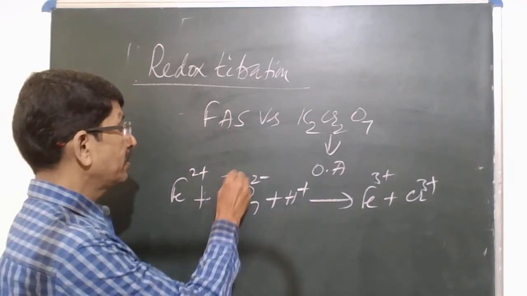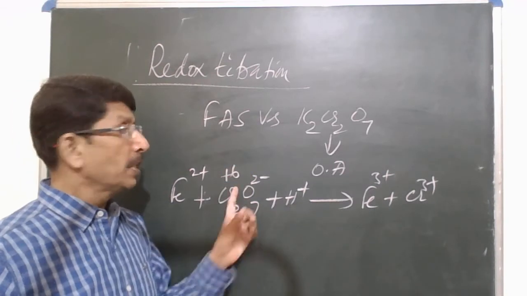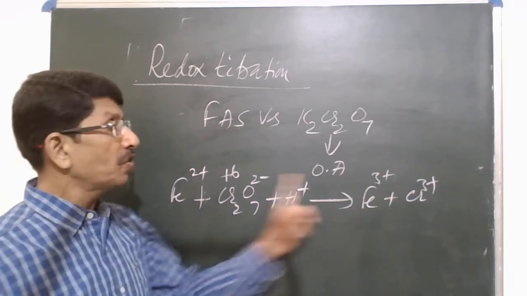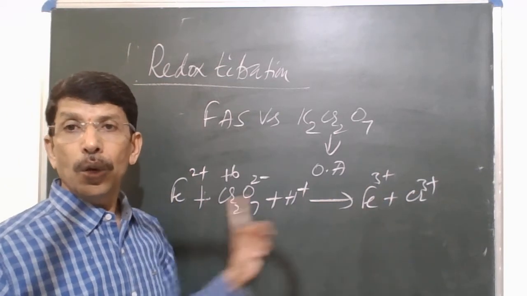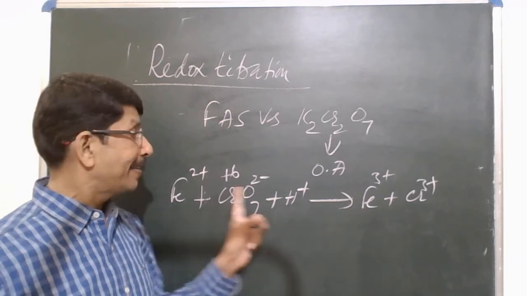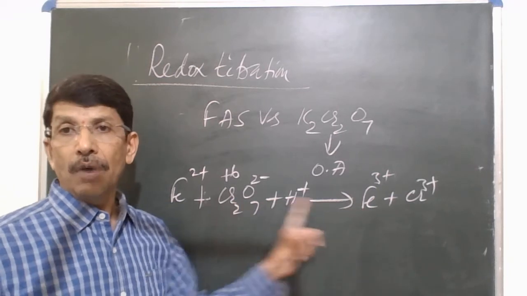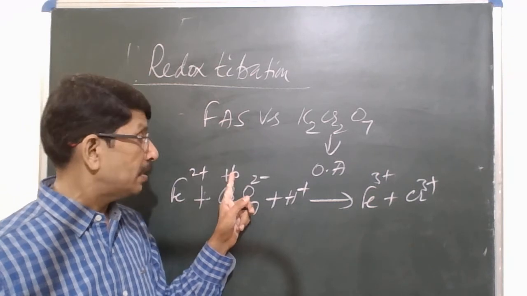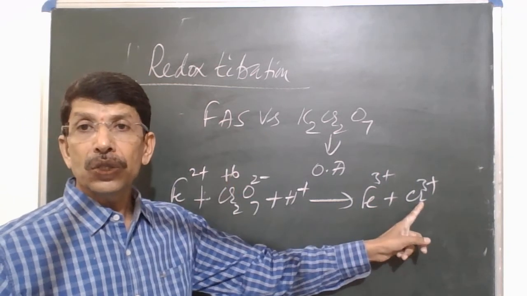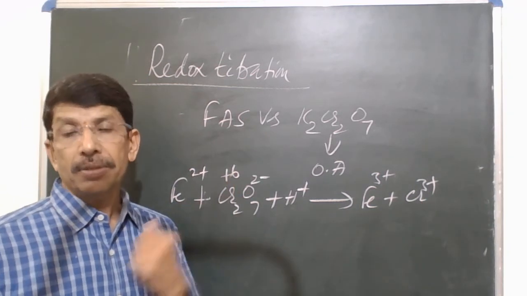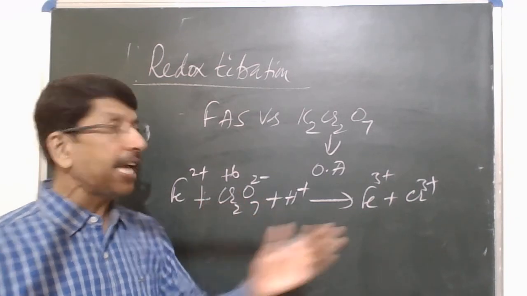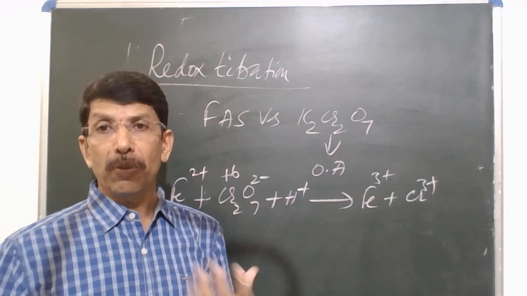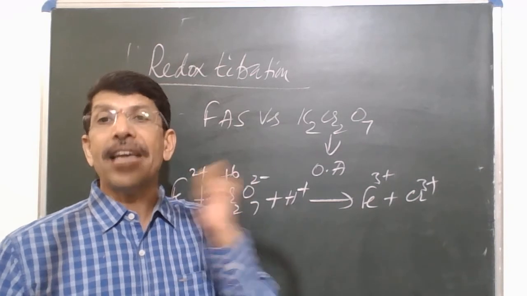Chromium is in the +6 state and is reduced to the +3 state, while Fe2+ is oxidized to Fe3+. So Fe2+ is oxidized and dichromate ion is reduced. If it is sulfuric acid, you get Cr2(SO4)3. So it is a redox reaction.